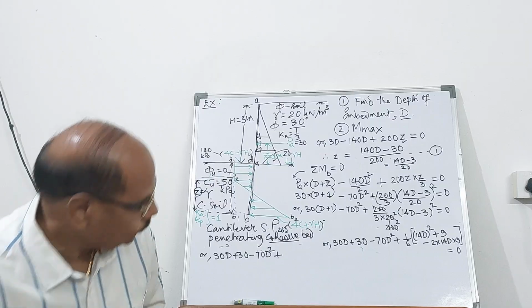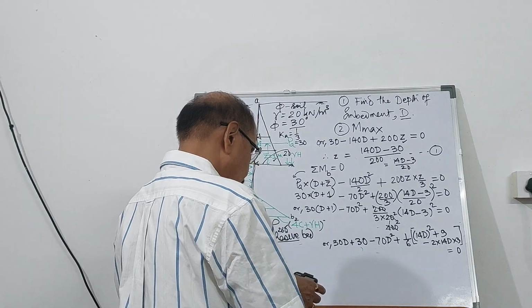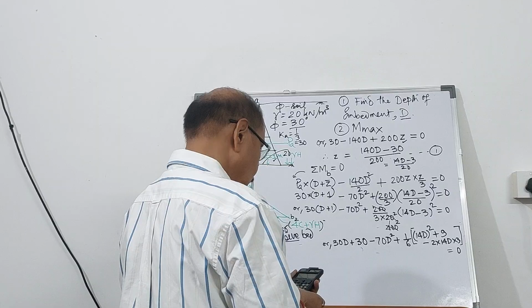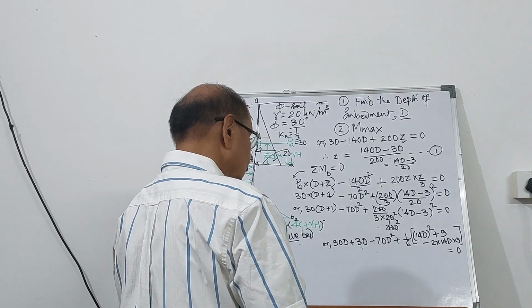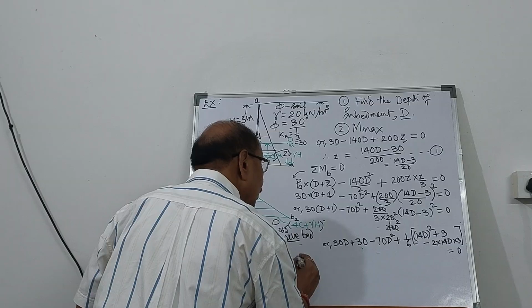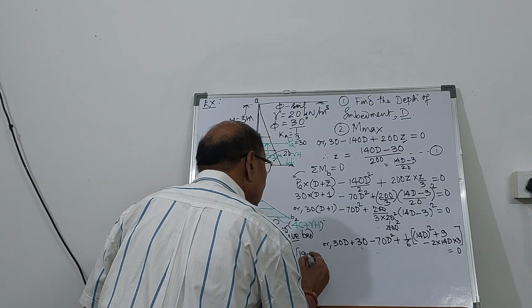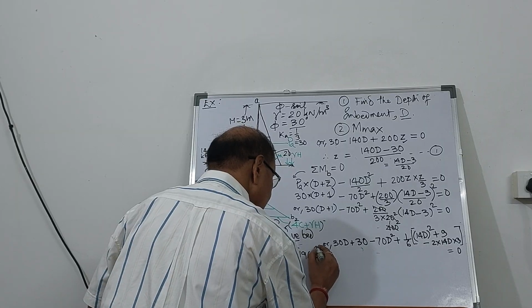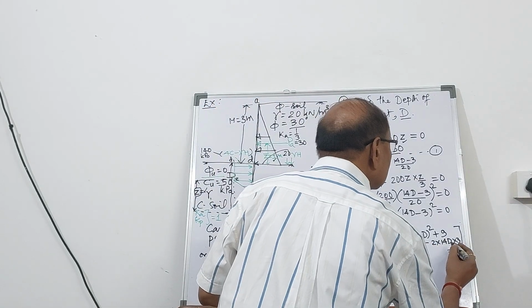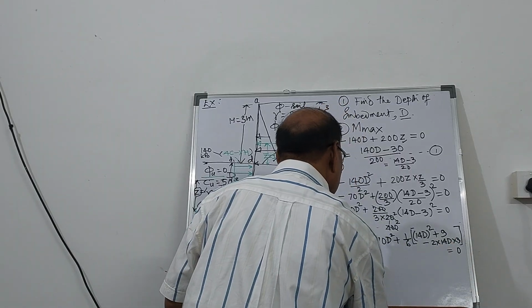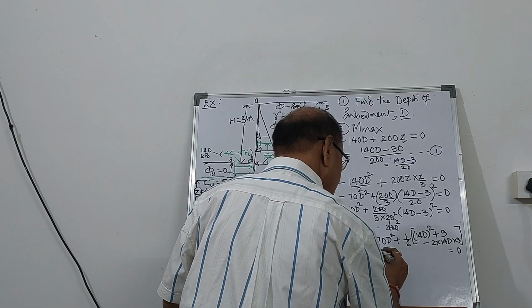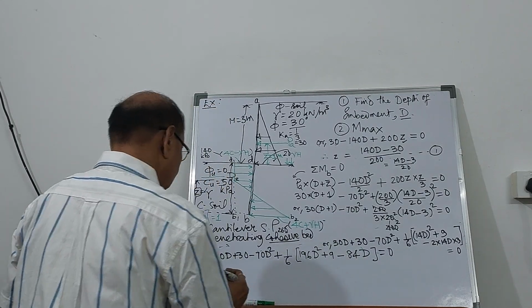So 196, so minus 70 d square plus 1 upon 6 into 196 d square plus 9 minus 84 d equal to 0.